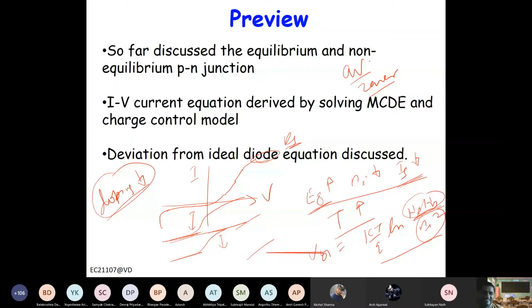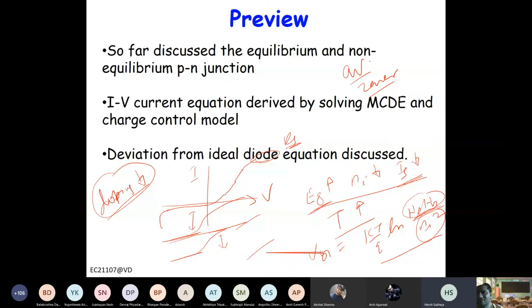A student says both happen in it. So you are saying that both the breakdowns are possible, right? But how will you identify which mechanism the breakdown is due to? A student says if it happens early it is usually Zener, and if a little later then avalanche.